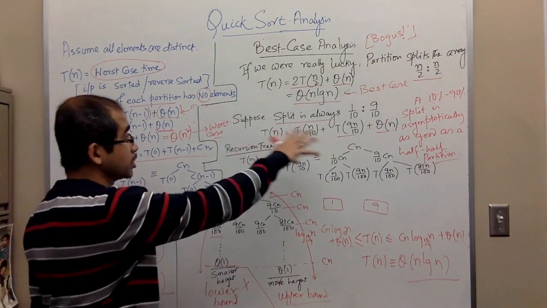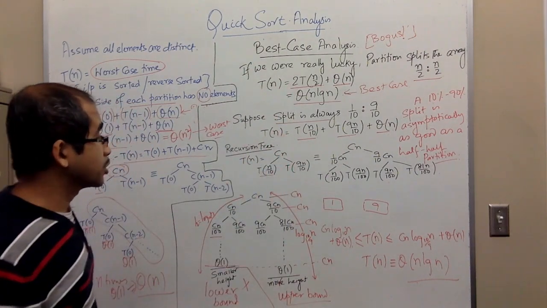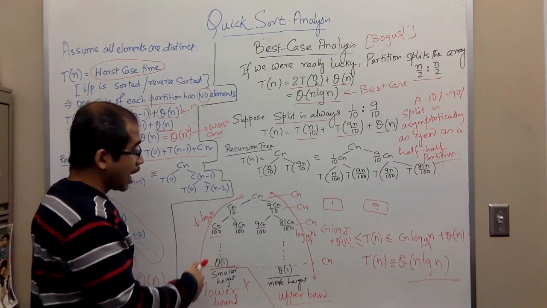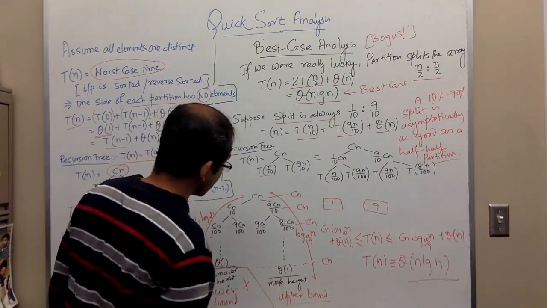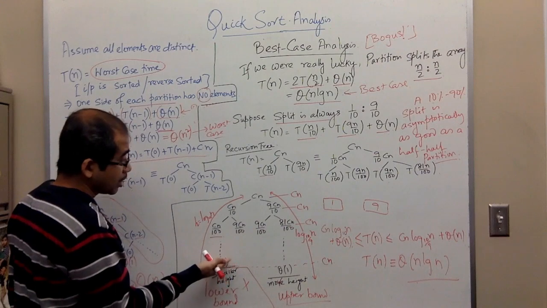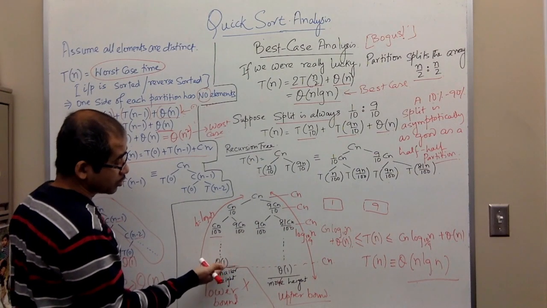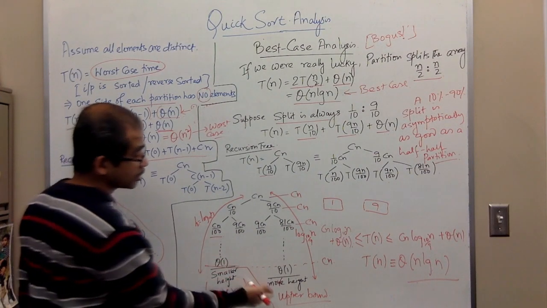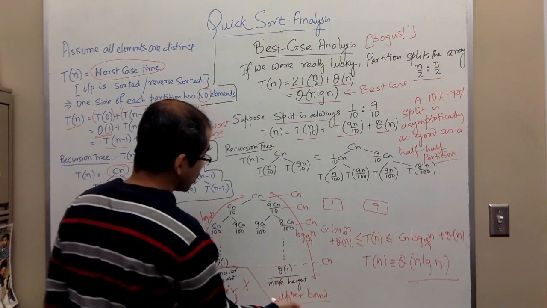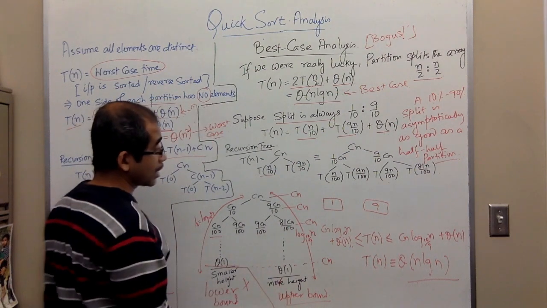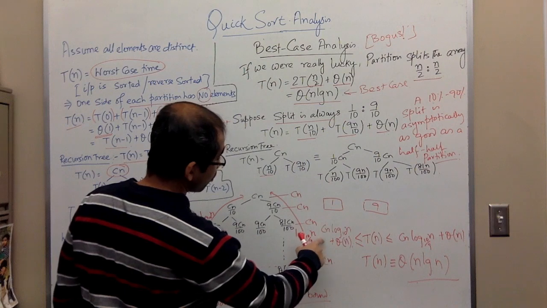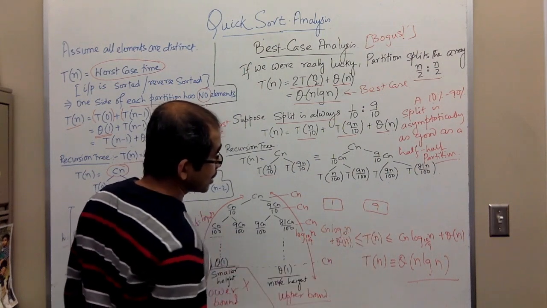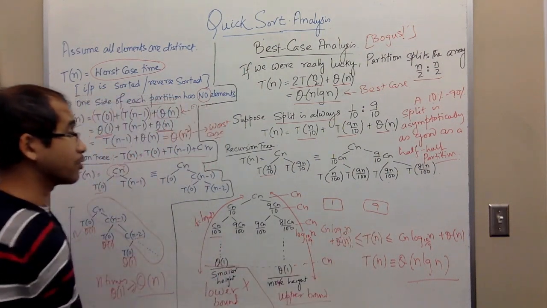And then we showed this 10%, 90% split with the tree and the different height analysis. This side of the tree will finish first, so the cost has to be more than this side. This side will finish much later, so the cost is upper bounded by this side. So Tn is always more than this and less than this. So Tn on average is theta of n log n.